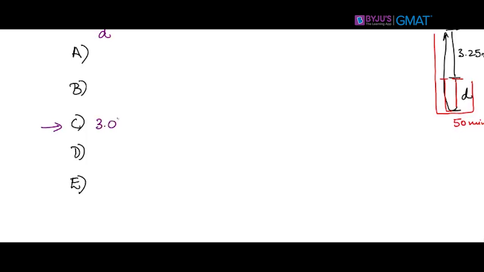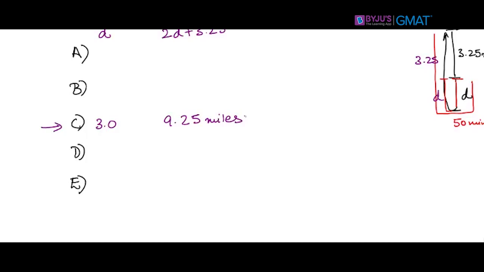Now if you know the value of D, what is the next thing you can find out? You can find out how much distance he will cover in total. After running 3.25 miles, that is D plus D plus 3.25, or rather 2D plus 3.25. So 2D is 6, and 6 plus 3.25 is 9.25. Now he has run 9.25 miles in total.